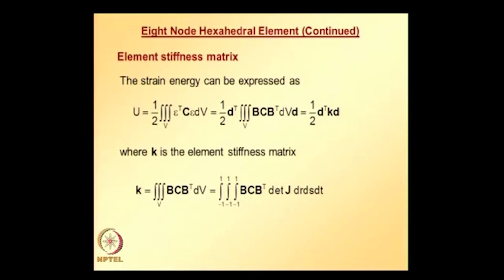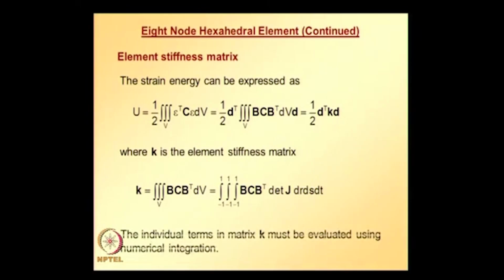We can see here that for this 8 node hexahedral element, the strain displacement matrix B is not a constant. So, we need to adopt a numerical integration scheme to evaluate this element stiffness matrix. The individual terms in the K matrix must be evaluated using a numerical integration technique like Gaussian quadrature.